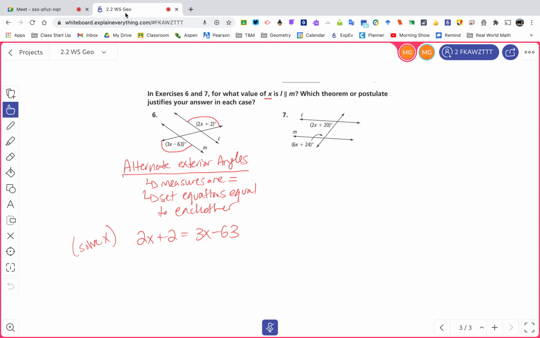Let's set up number 7. Right? This angle here and this angle here are same side interiors, right? They're on the same side of the transversal, and they're on the interior of L and M, so same side interior. Right? That means their measures add to 180 degrees.